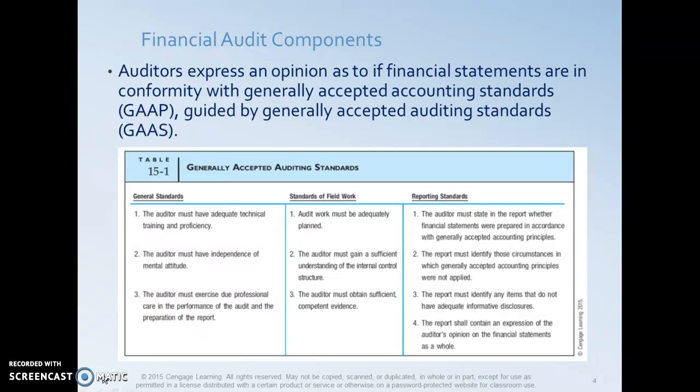So these are the standards that an auditor has to follow to make sure they're doing a quality audit, right? And us as shareholders and companies, that's what we want. So they're the general standards. There's the standards of the field work. I want you guys to read through it, and then there are the reporting standards.